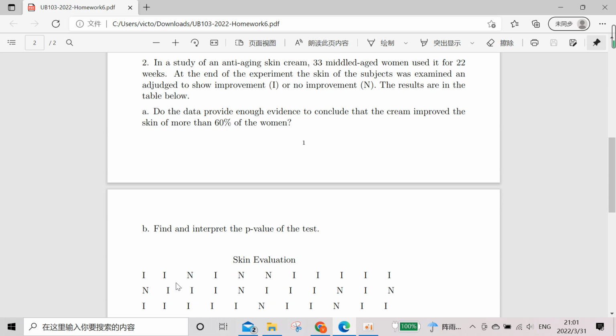What's your expectation? Under the null hypothesis, 60% of the skein has improved, right? So basically you use the total number of observations, multiply that by 60%, that is your expected number of improvements. And we use the notation x bar.